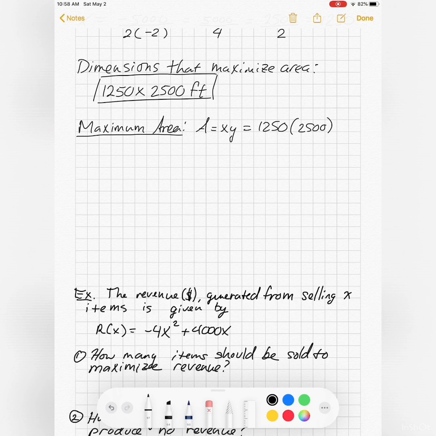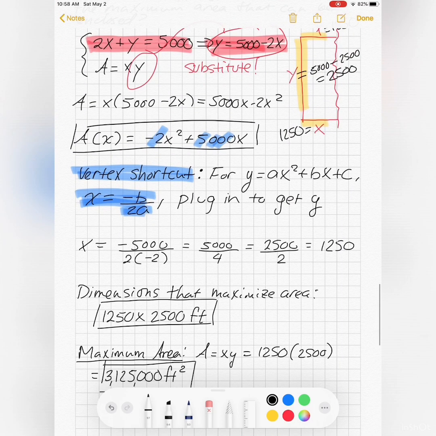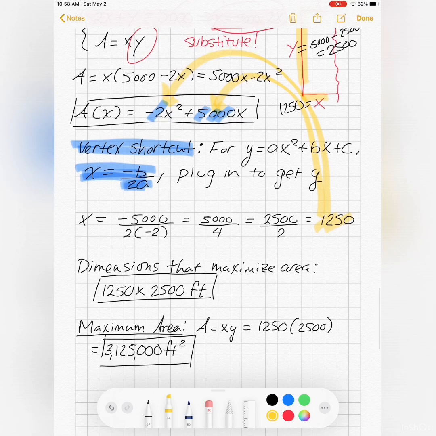So it looks like that'd be square feet. My other thought would be, well, I could actually take that x value, this one, and I could actually plug that in to my area function. Okay, if I did that, I should get the same result, okay? Well, I guess I'll let you check that on your own.